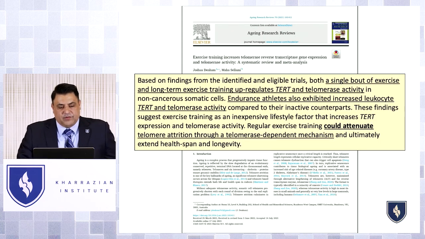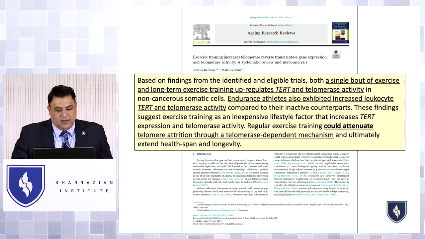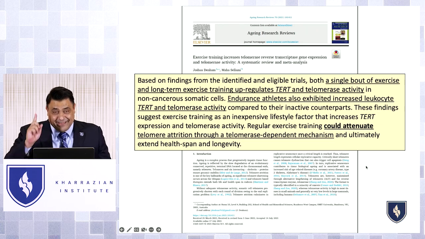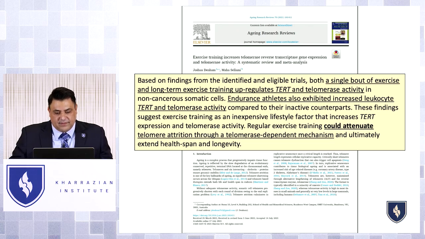This was a paper published in Aging Research Reviews, and they go on to say that exercise training increases telomerase reverse transcriptase gene expression, as in their title, and telomerase activity. It was a systematic review and meta-analysis of multiple studies. Based on the findings from the identified eligible trials, both a single bout of exercise and long-term exercise training upregulate telomerase reverse transcriptase and telomerase activity in non-cancerous somatic cells.